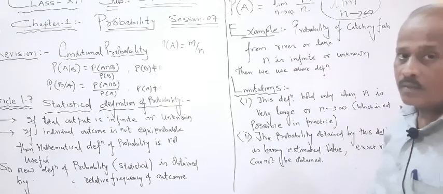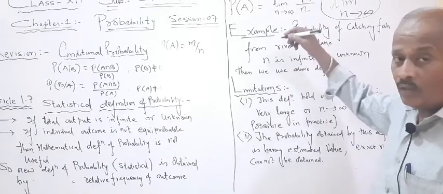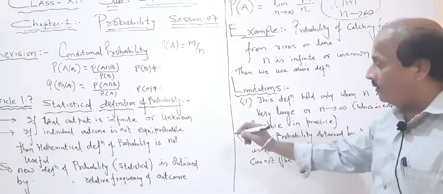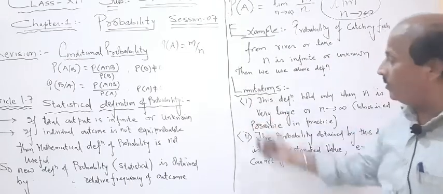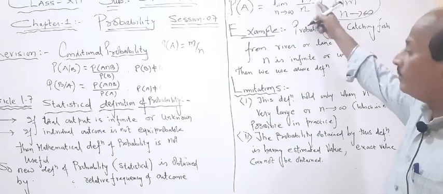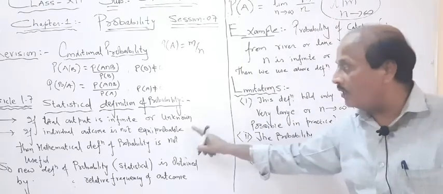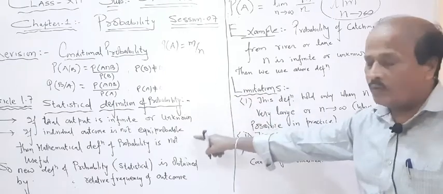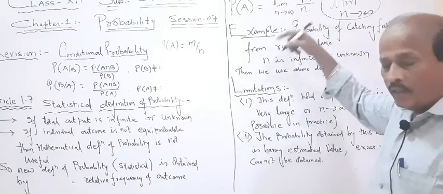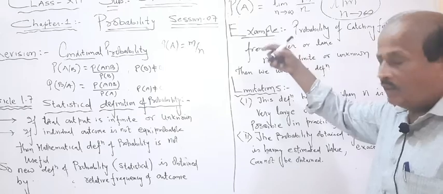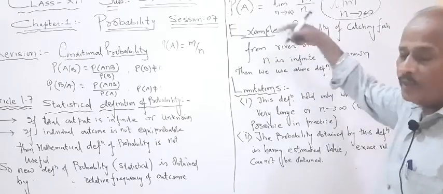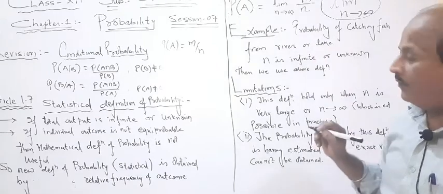Now m is the frequency of any event whose probability you want to find. Here m is not necessarily equiprobable, it can be any event. Earlier it was equiprobable; here m is any event which is repeated as many times, and you write that number. n can be any number up to infinity.